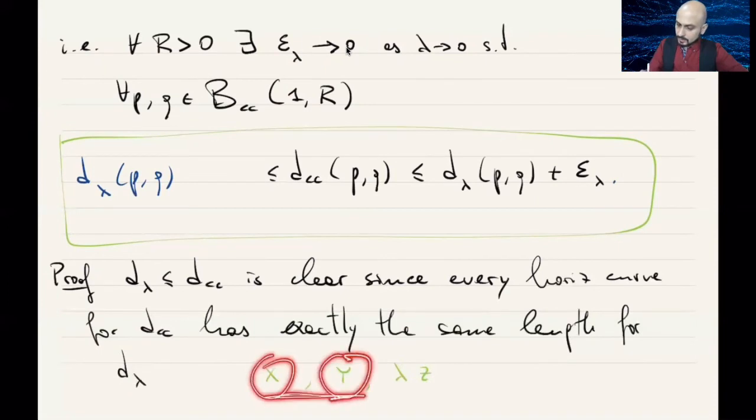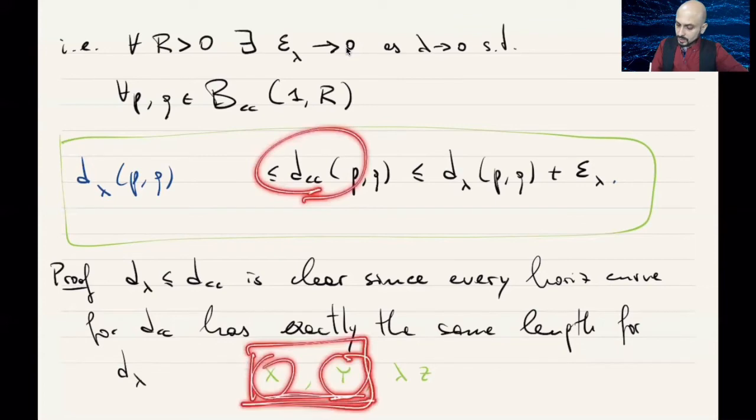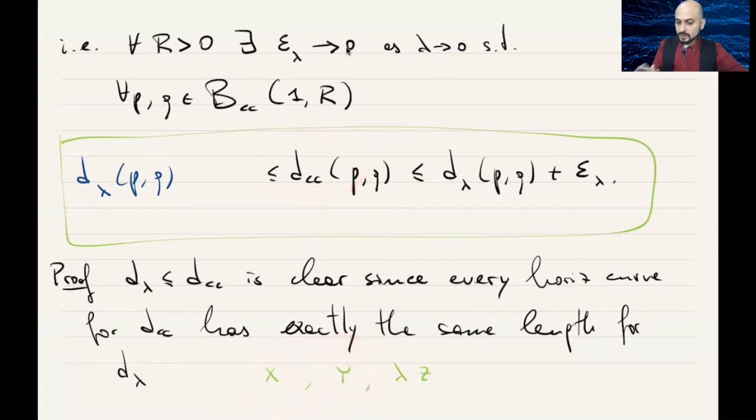And instead in dcc we consider curves tangent to x and y, and the length stays exactly the same. The length for curves tangent to x and y does not depend on lambda. So this first inequality is proved, really globally.